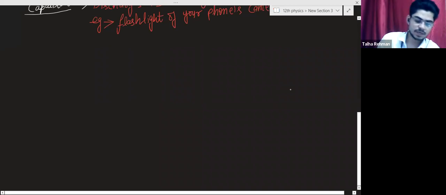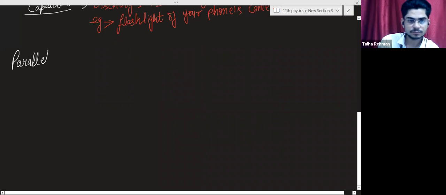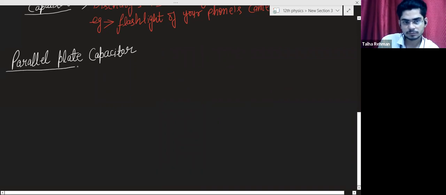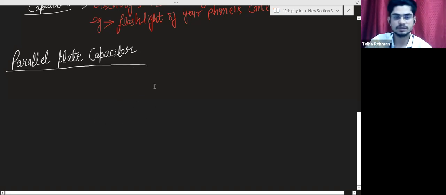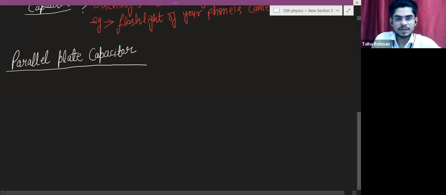So now we will start the parallel plate capacitor. As the name suggests, there will be two parallel plates, like this.